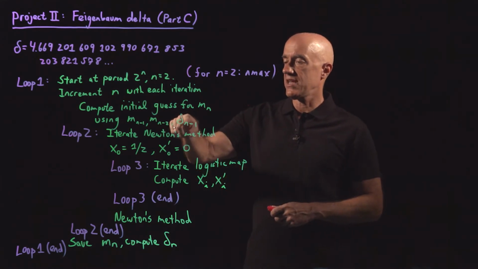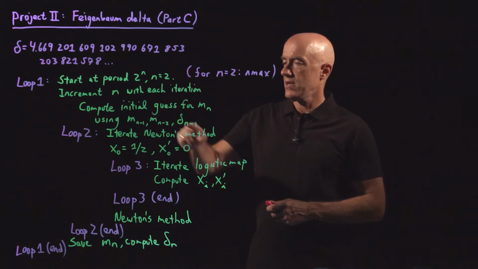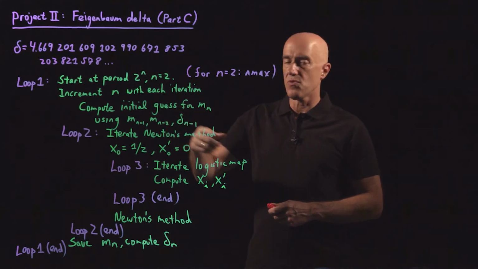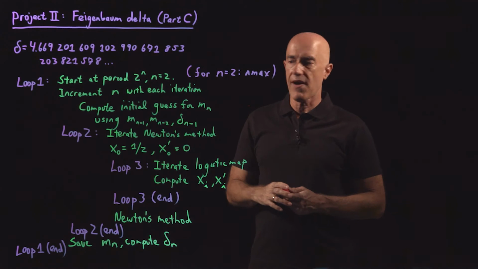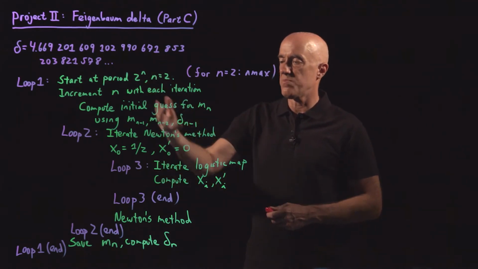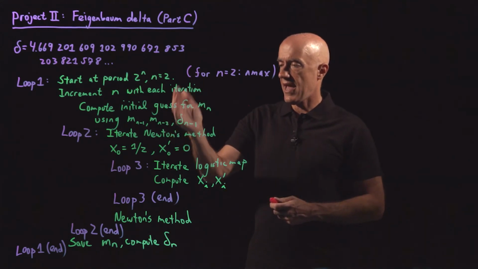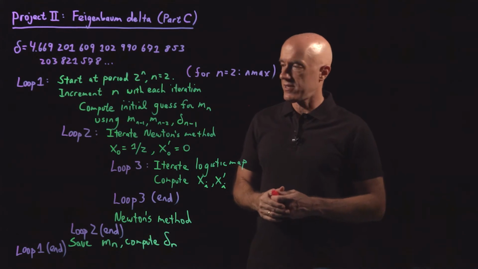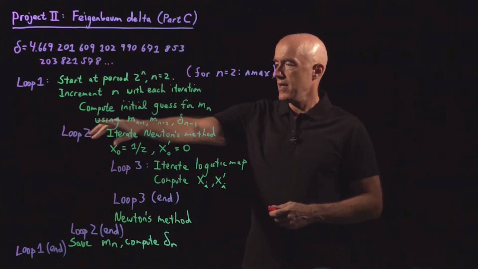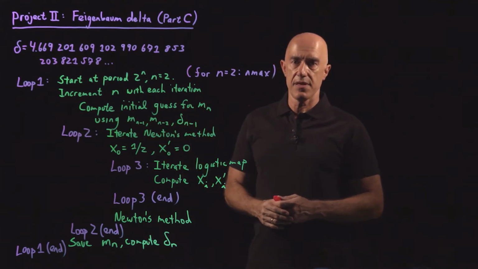Initially, we don't have enough m values. We only know 2. So we're going to just start with a delta 1, say, equal to 5. And after that first pass through the loop, then we'll be computing the next estimates for the Feigenbaum delta. Okay, so that's loop 1. In loop 2, then, we're going to iterate Newton's method.